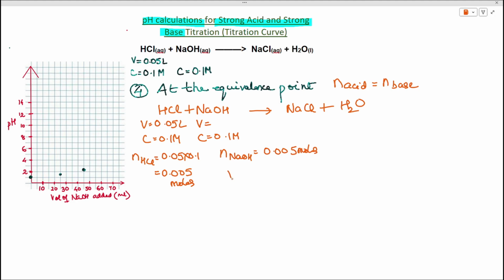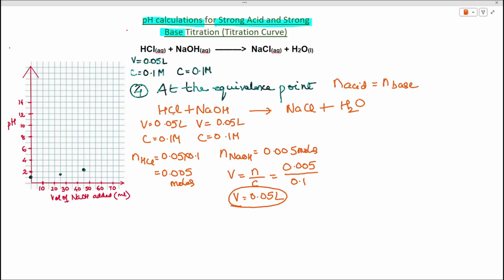because we have calculated the number of moles at equivalence point, so we can get to know the volume now. So volume is going to be equal to the number of moles divided by the concentration. So the number of moles are 0.005 and concentration is 0.1. So we get the volume of NaOH used as 0.05 liters, which means at equivalence point 0.05 liters of NaOH has been used, which we'll write over here.